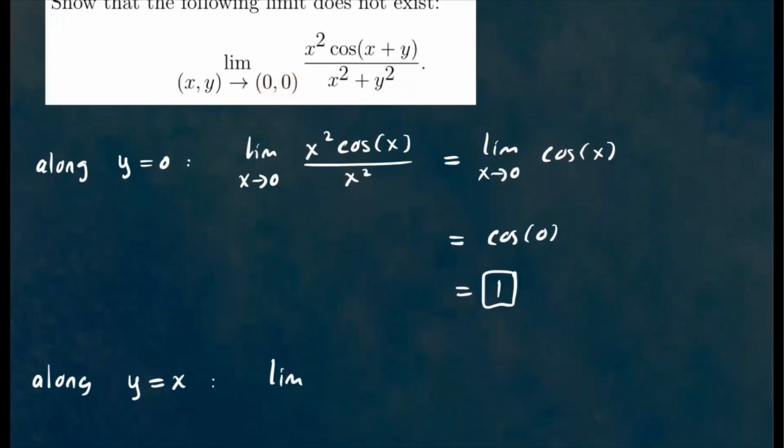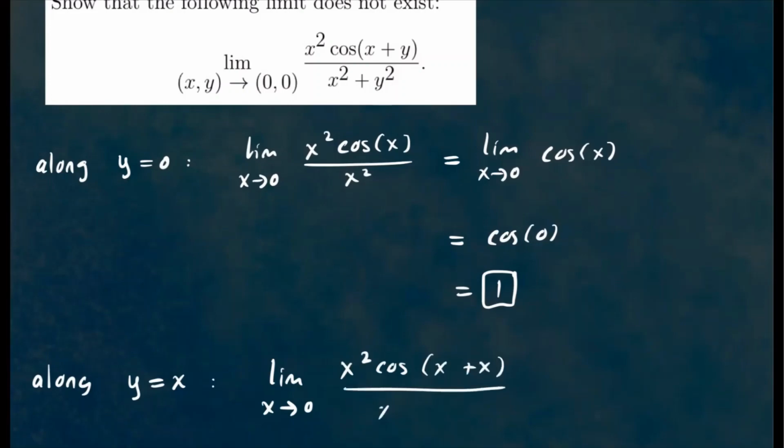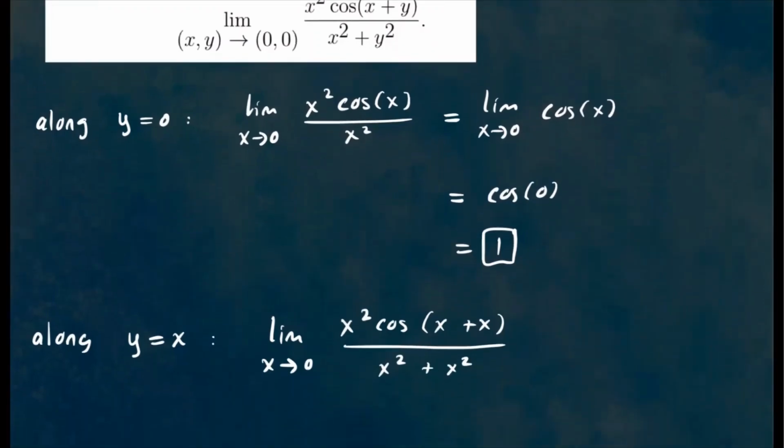Again, it becomes a single variable limit as x approaches 0. Now we replace y with x, so you'll have the limit of x squared cosine of x plus x, all over x squared plus x squared. Again, we're approaching along y equals x, so replacing y with x, we have this limit to evaluate.